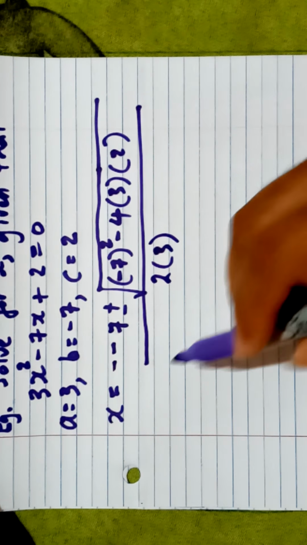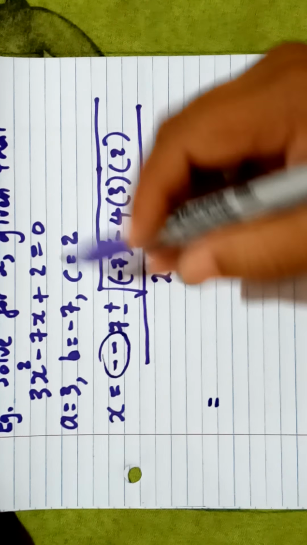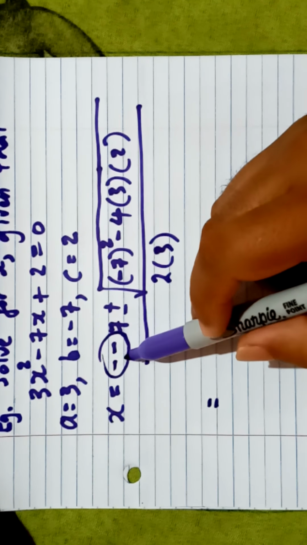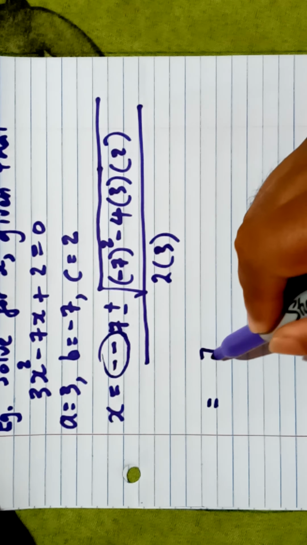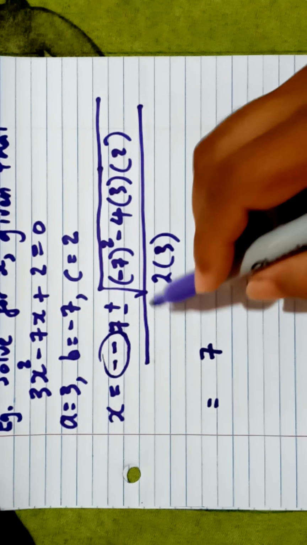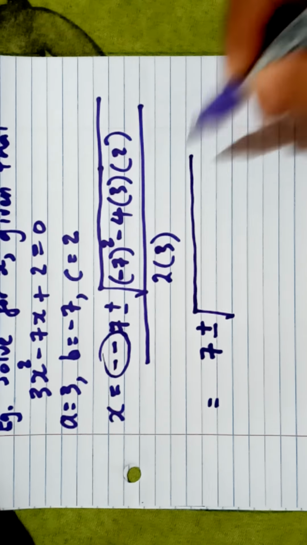What we have next is that these two negatives give you a positive, because according to the rules of multiplication, negative times negative gives you a positive. So that will give you positive 7. So this is going to be plus or minus the square root.